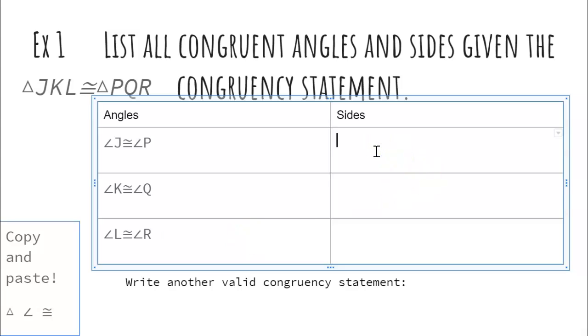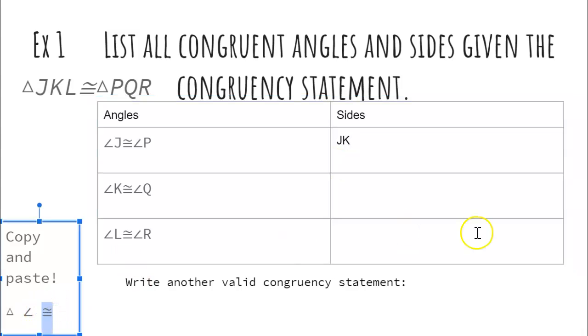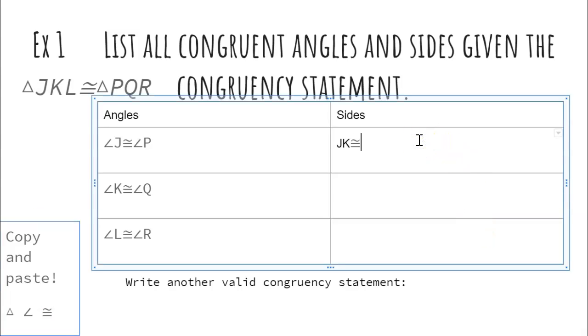Now looking at sides, remember we named sides with two letters. So if I start off with J, K, and I have congruent to, so that's the first and second letter. So JK is congruent to PQ on our second triangle.